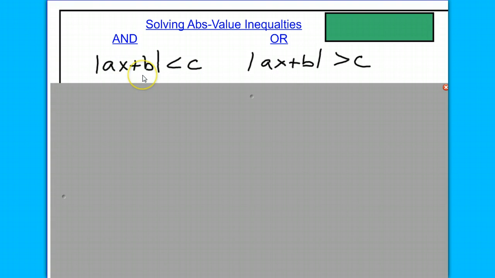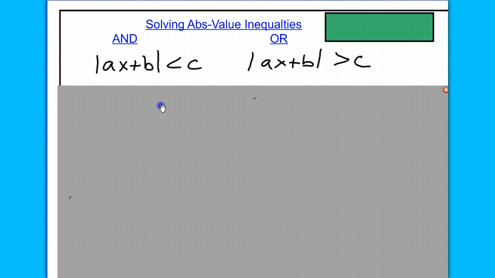Ax plus b could be what, Bianca? Less than c. This sign here is a less than, so we would say less than c. Yeah. So we could write it that way. And then ax plus b is greater than negative c. Okay, so this is a less than, so it ends up being an and, land, right?